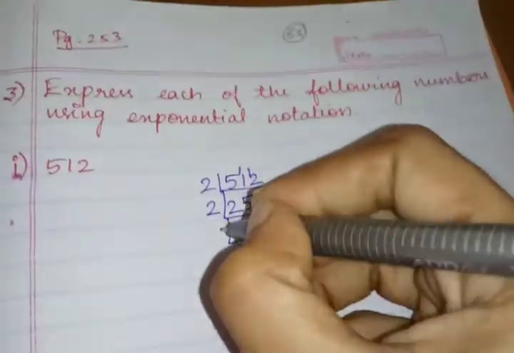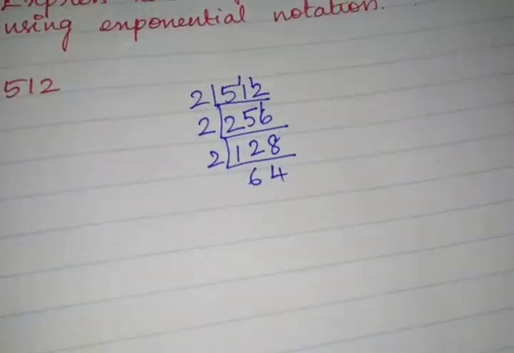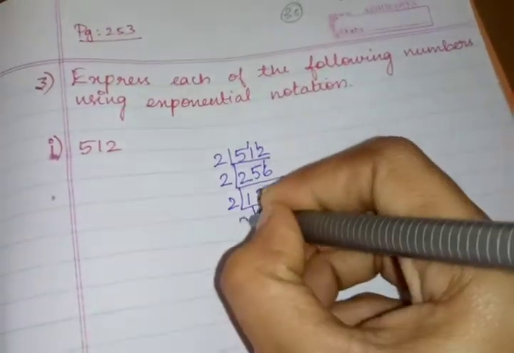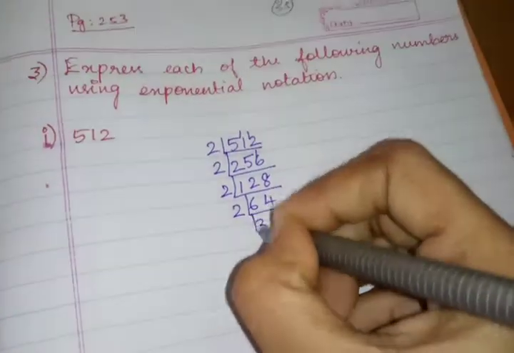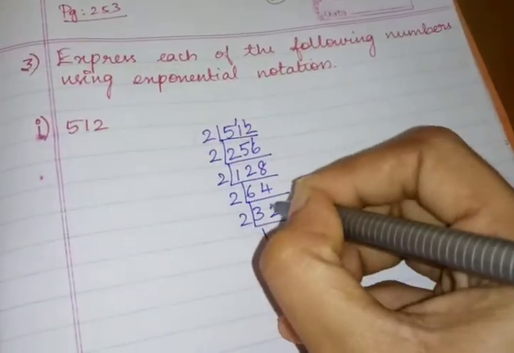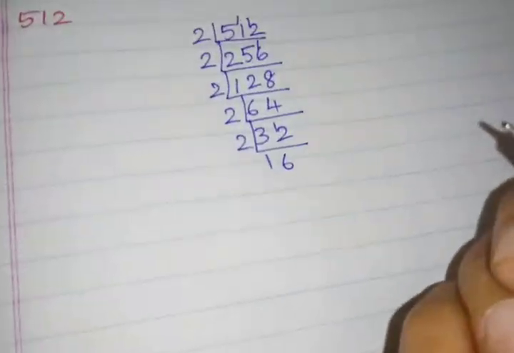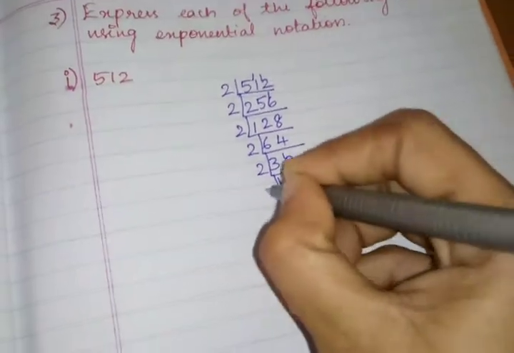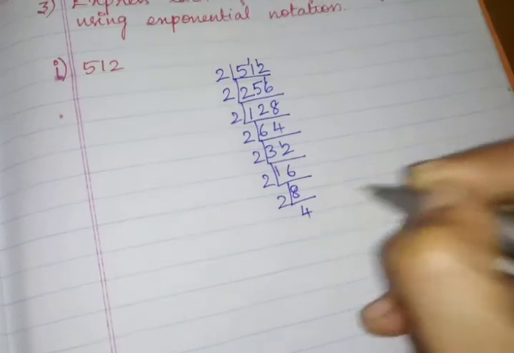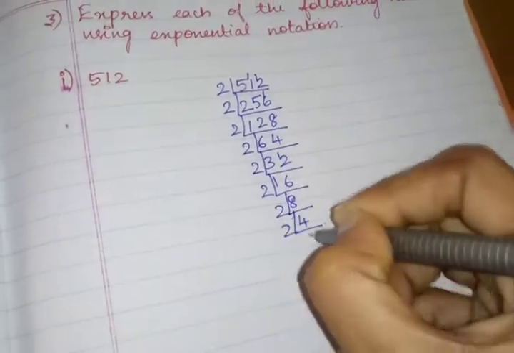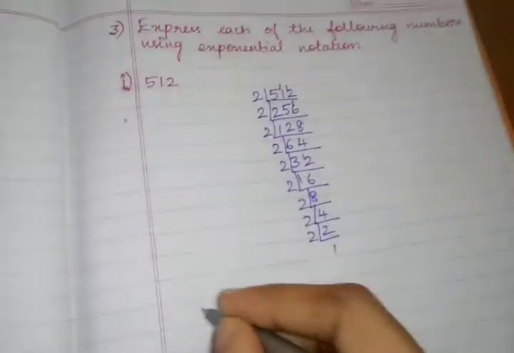Then again in 2 table, 2 6s are 12, 2 4s are 8. Then 2 3s are 6, 2 2s are 4, 2 1s are 2. So how will I write this 512?